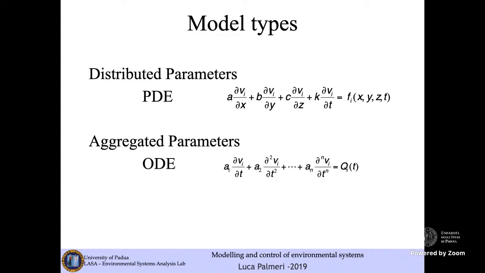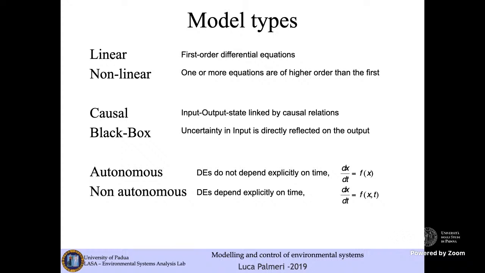I'm trying to summarize all this in the context of environmental systems modeling. Let's go on with a further classification or differentiation. As we have already said, we may differentiate ecological models or system models in terms of their basic mathematical assumptions.